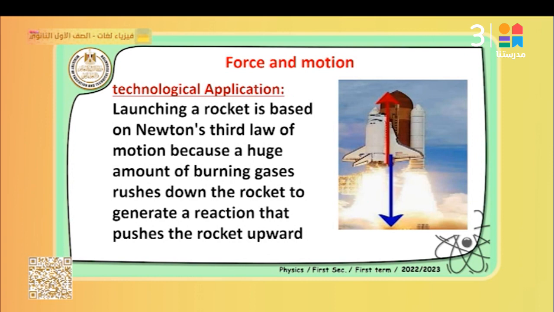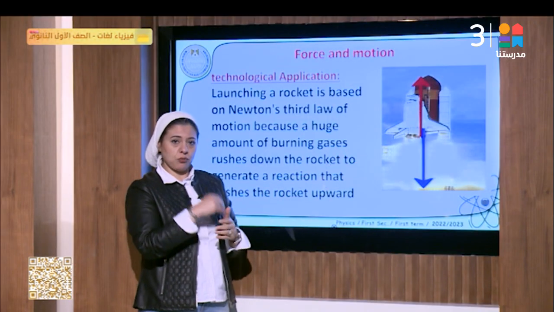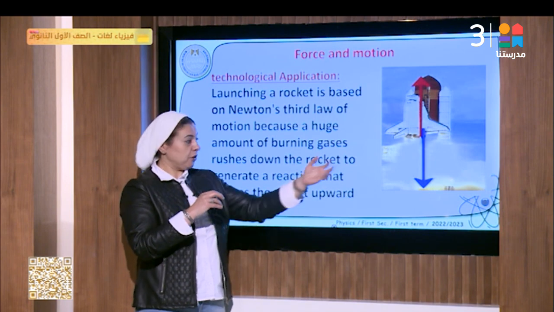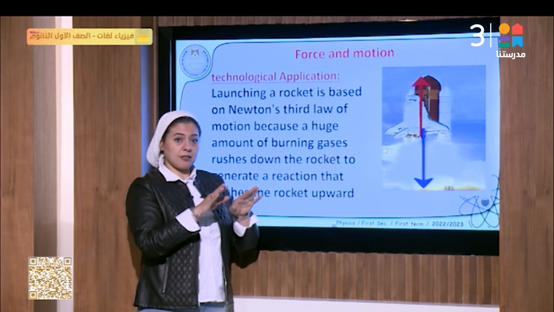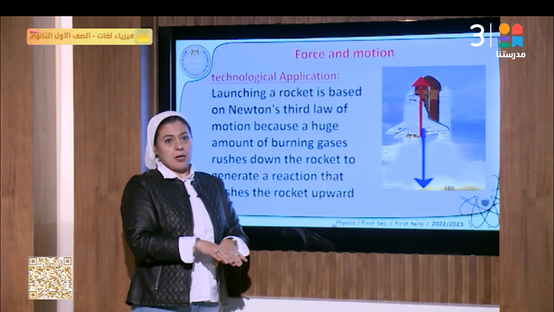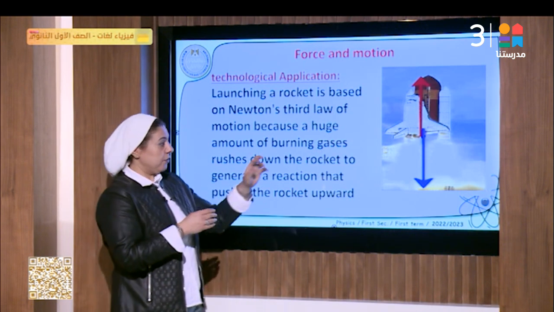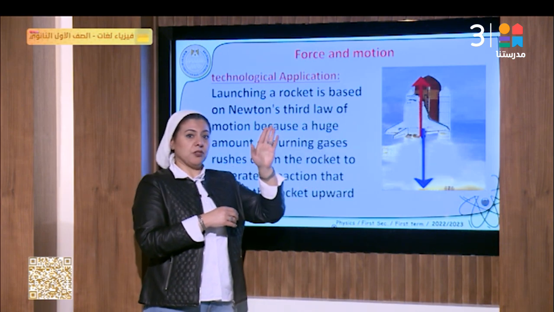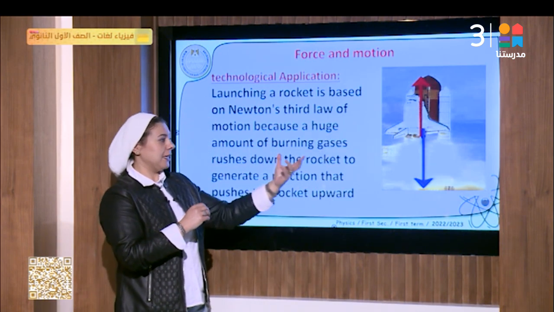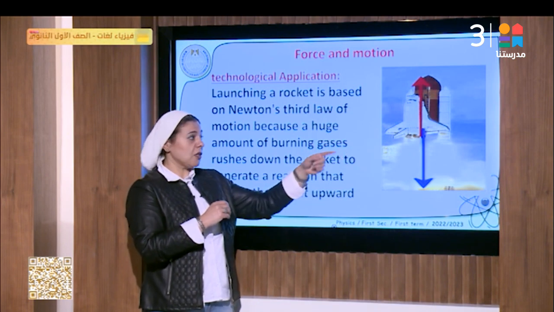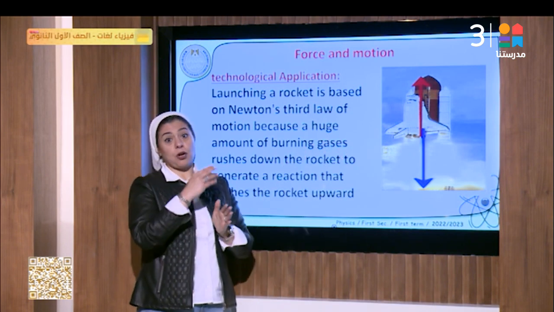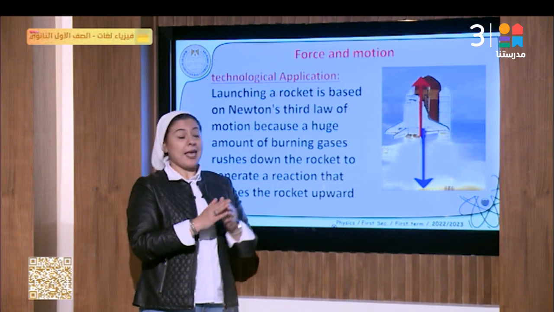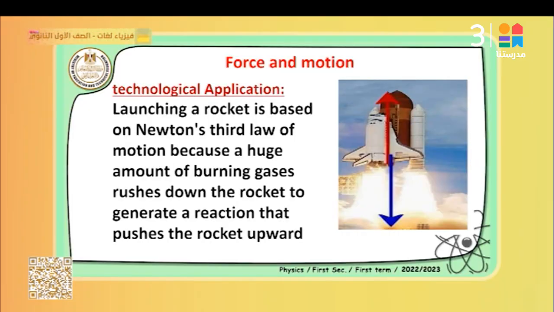After burning the fuel of the rocket itself just to make it move, it produces a big amount of gases that push downward. As a reaction, there is another force applied on the rocket but in the opposite direction. The gases themselves act on the rocket with the same force but in the opposite direction, which means it's upward. And this is what makes the rocket launch in the universe.